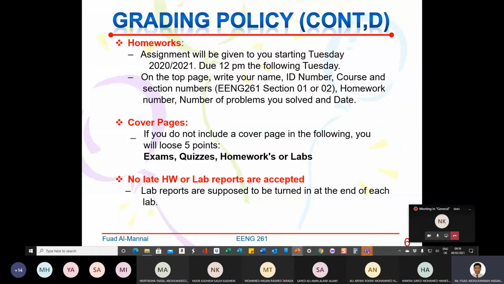Guys, if you want to get an A in this class, you have to come early. You have to understand the material and the slides, ask questions, practice solving problems, and read the books. If you don't understand the book, go on the internet, where many people talk about electronics, especially on YouTube, and get more knowledge.